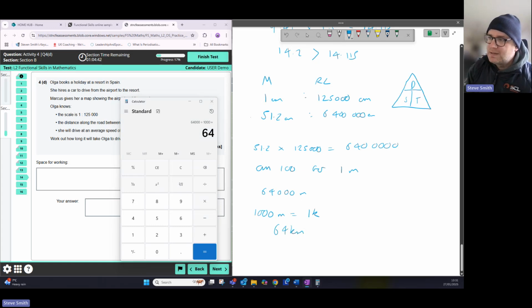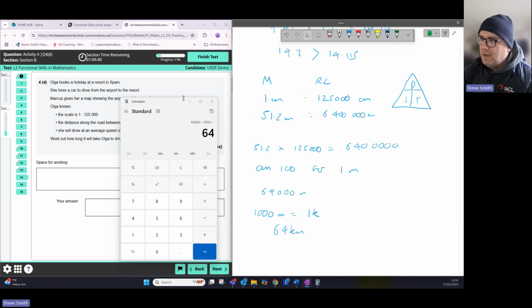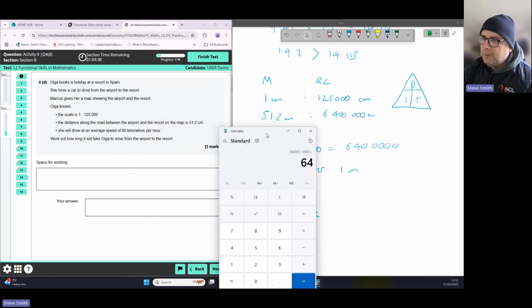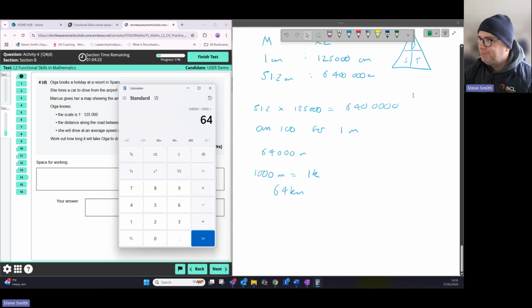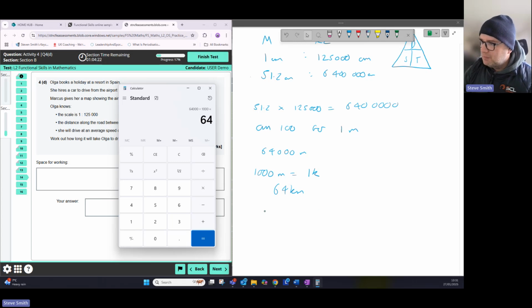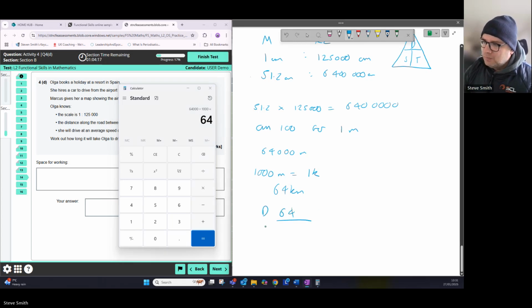Distance traveled, 64 kilometers. That now gives us, if we move that out of the way, she travels at 80 kilometers per hour. We now know she's gone 64 kilometers. We've now got them both in the same units. If we scroll down, look, the D, distance, 64, divided by speed, 80.